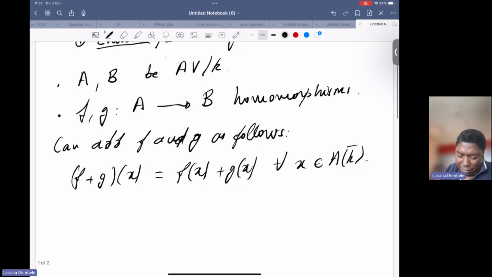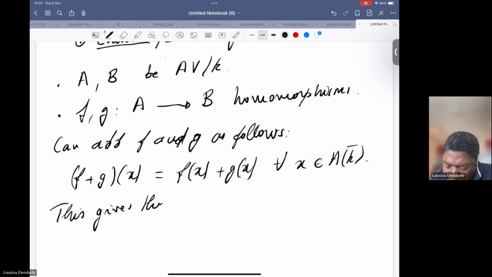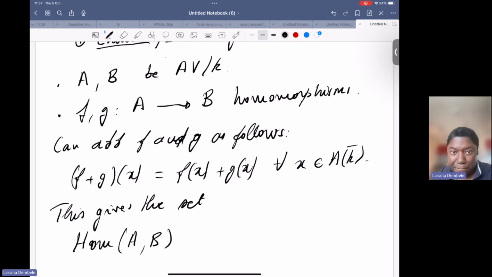So doing this gives the set Hom(A, B) the structure of an abelian group.